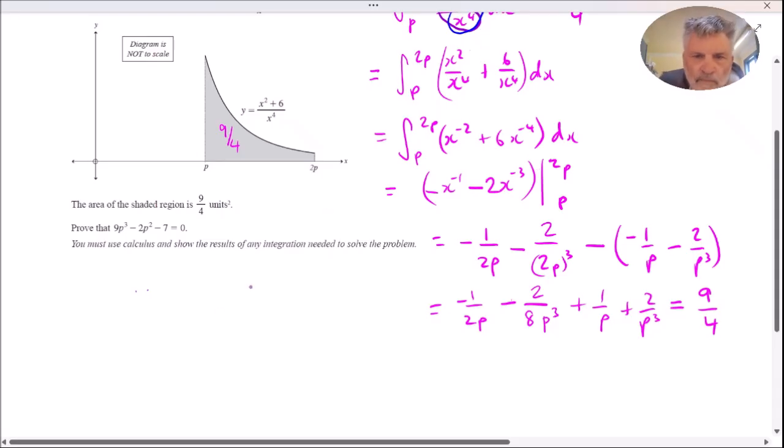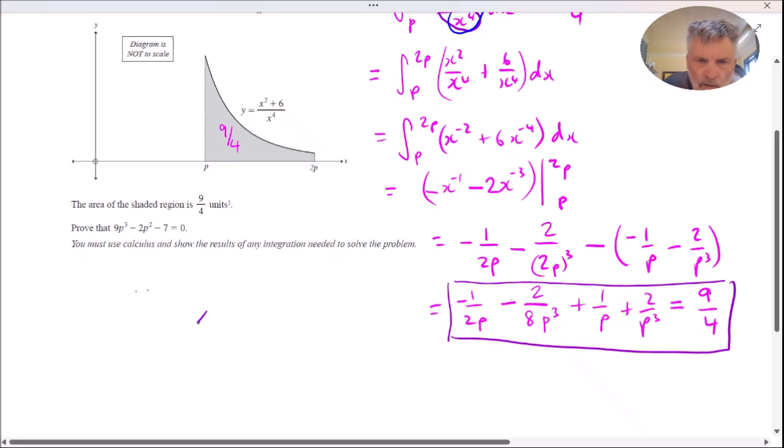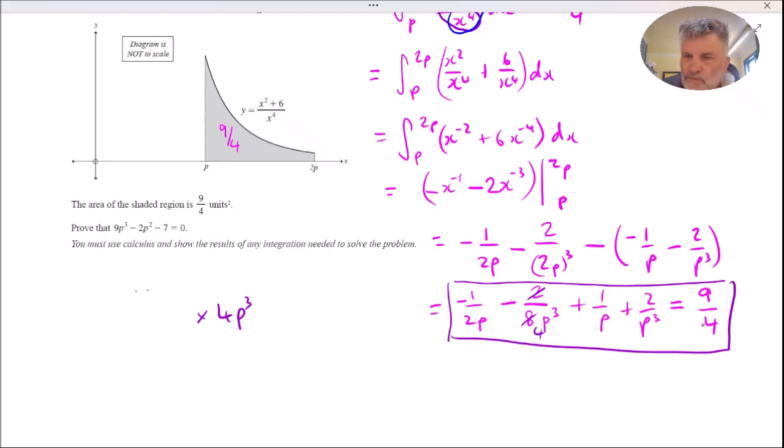Now, if we multiply this whole expression by 4p cubed, note we can do a simplification here. 4p cubed is the common denominator. We'll get rid of all of the terms on the bottom.